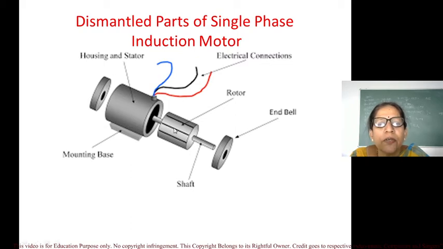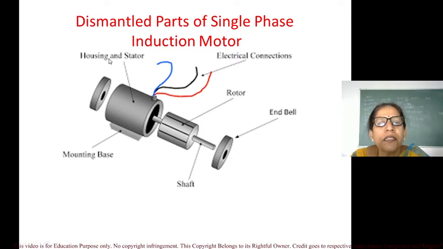Outside the rotor you will have a stator. The stator again has two parts: stator core and stator winding. The winding which is placed on the stator is to be connected to the supply. So electrical connections will be brought out and then carried towards the terminal box.